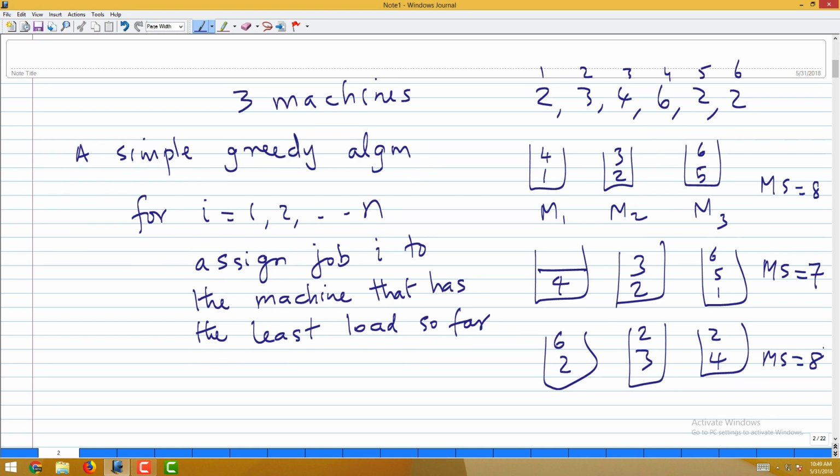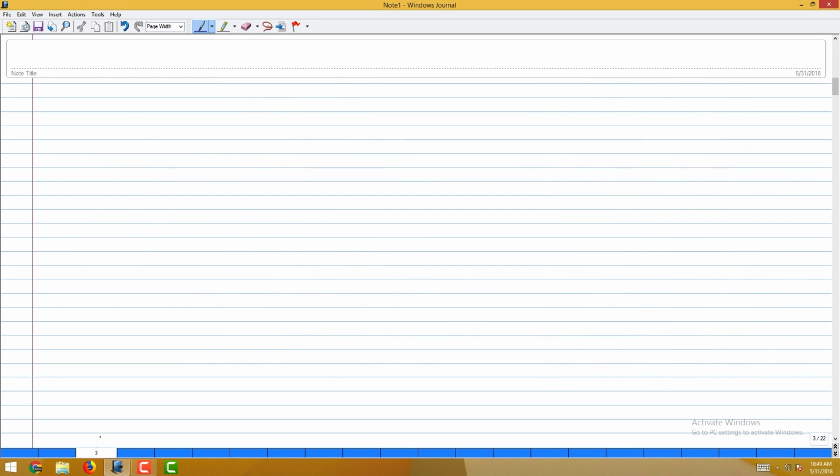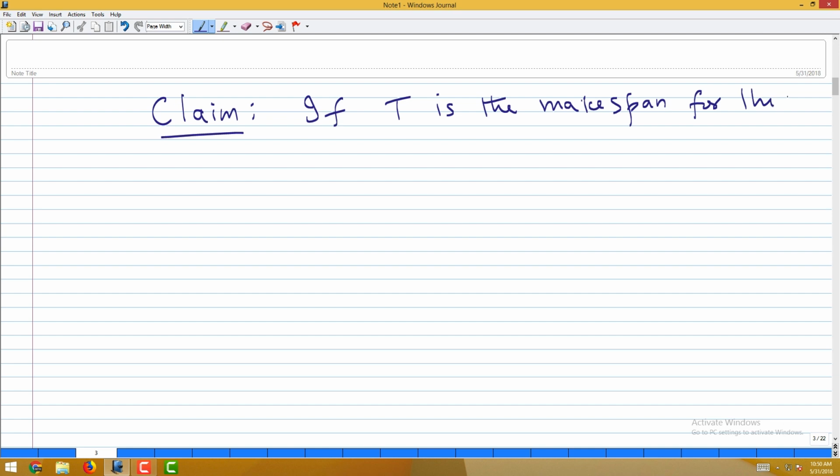So, it is a simple greedy algorithm, and as I said, for many of these problems it is not that hard to come up with some heuristic, but the challenge is to see the solution produced, how bad it is compared to the optimum. The claim I want to make: if T is the make span for this algorithm, T is at most 2 times opt.